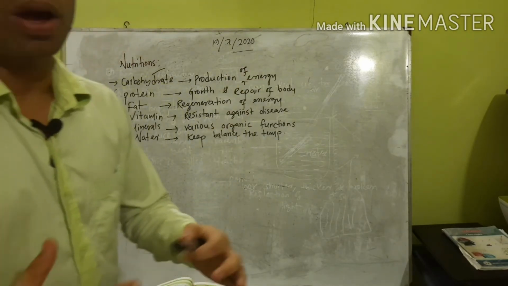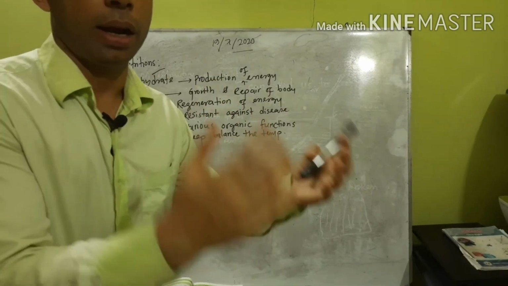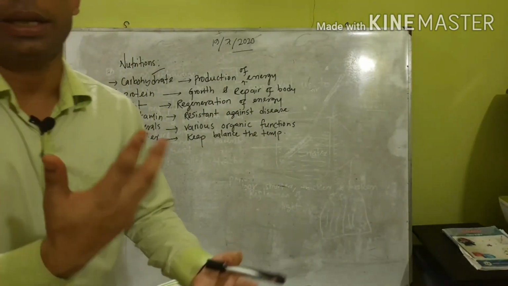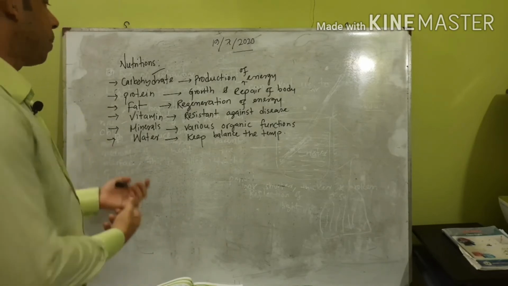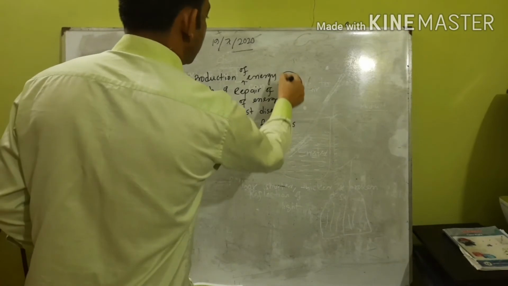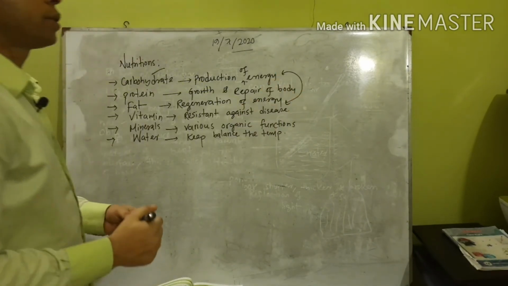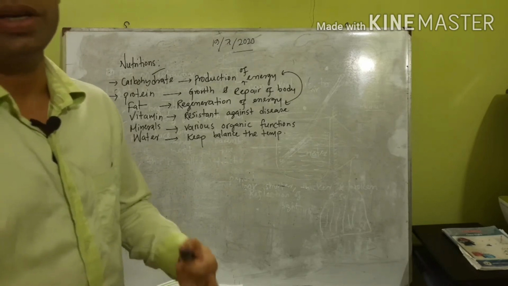protein is growth and repair of the body. What we grow up, and if anything is broken or infected, at that time it can be repaired instantly or within a short time or by taking time by protein. Fat is production and regeneration of energy. That means this is the vice versa concept. Why do we say vice versa?